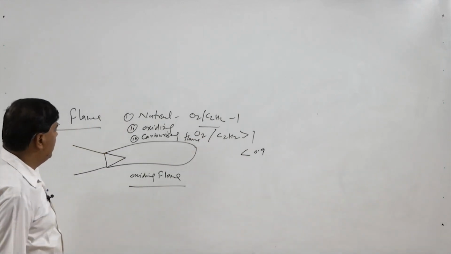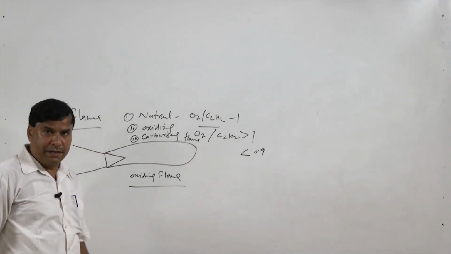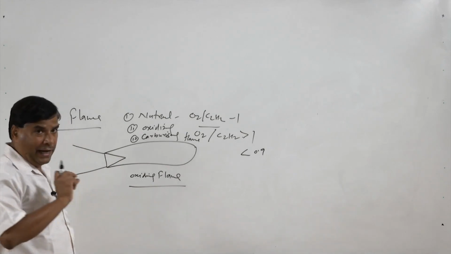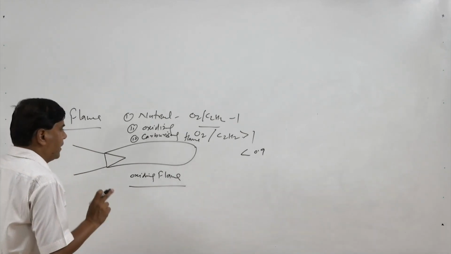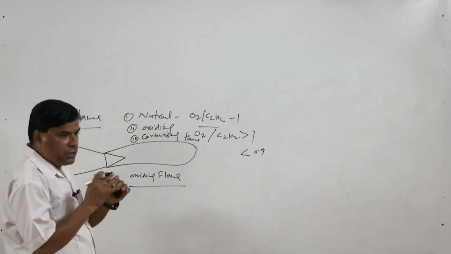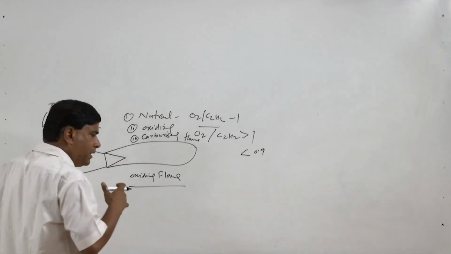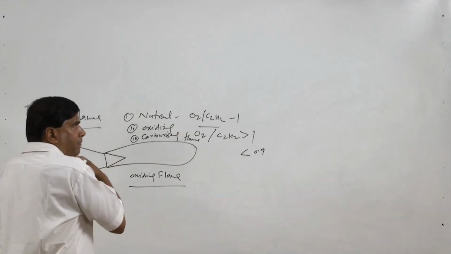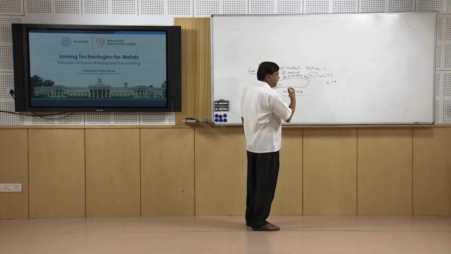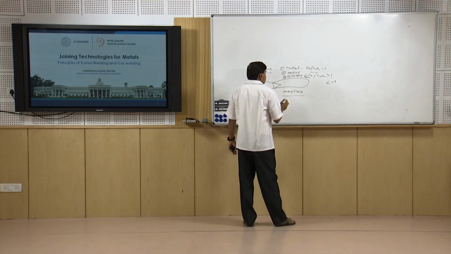A carburizing flame, whenever it is developed, shows one additional cone corresponding to the region where incompletely burned gases are present.